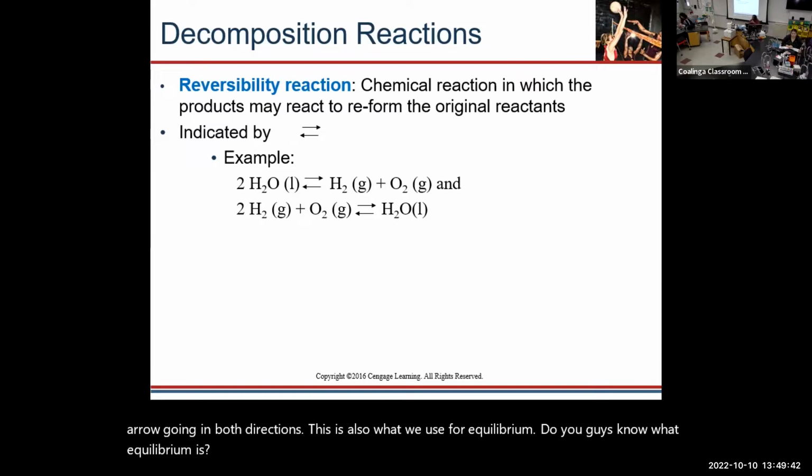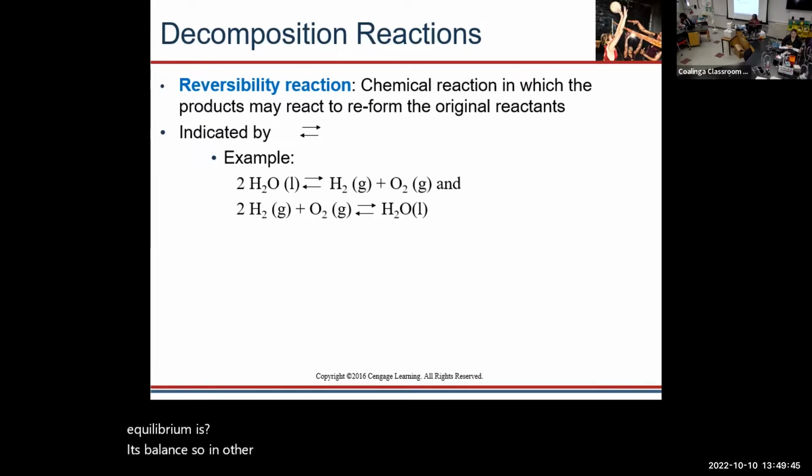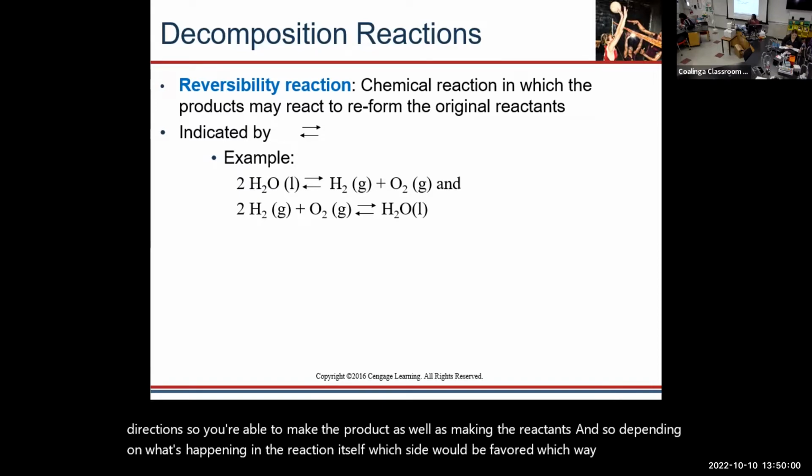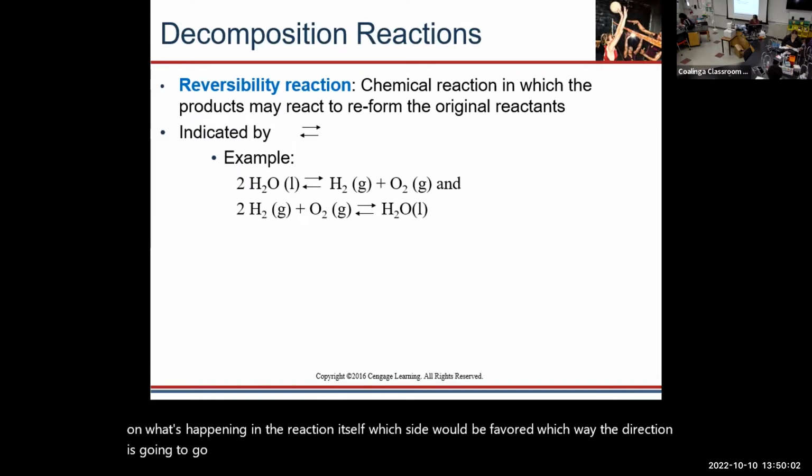In other words, the reaction is able to go in both directions. So you're able to make the product as well as making the reactants. And depending on what's happening in the reaction itself, which side will be favored, which way the direction is going to go. We'll talk more about that in the second semester. But I just want to kind of introduce it to you right here.